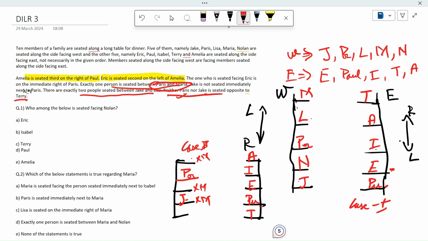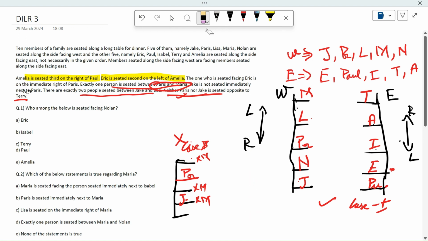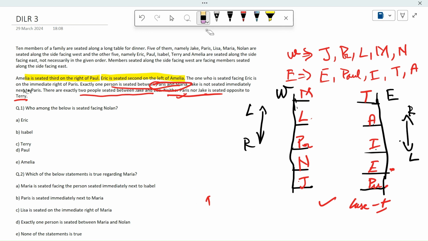So case two is not valid, and all the questions should be answered with case one. So I am removing this whole part. If you want, you can pause the video and look into it. If you have any questions, let me know.